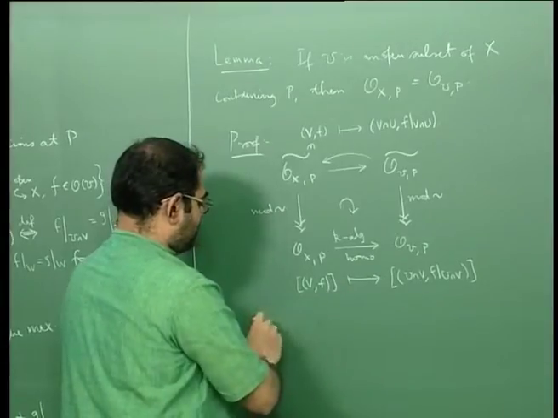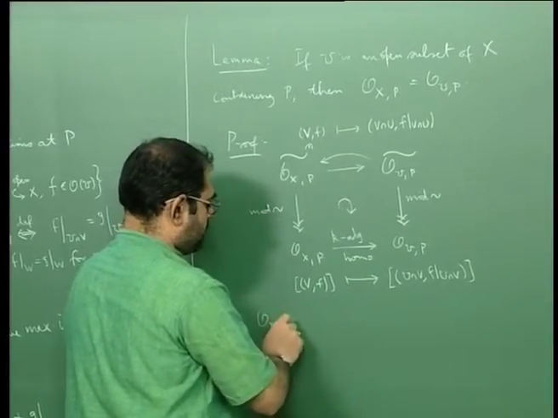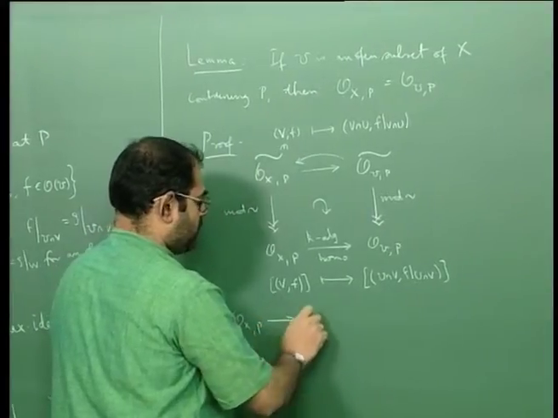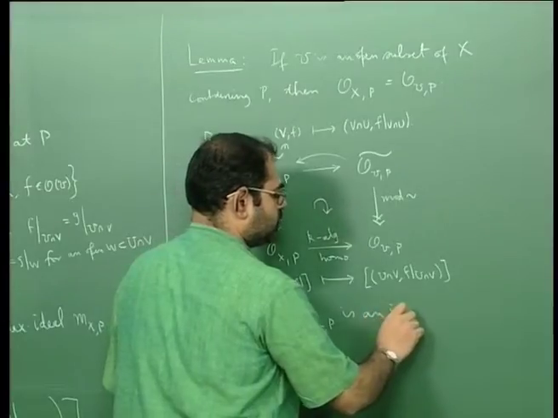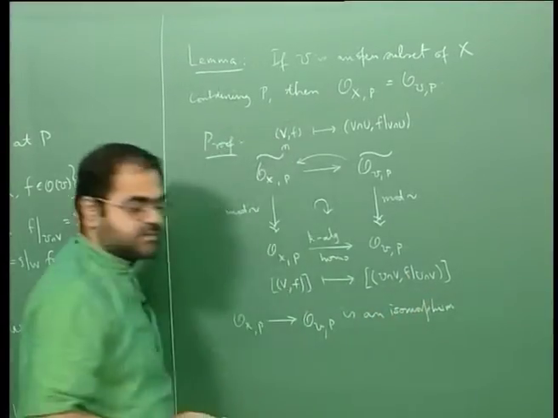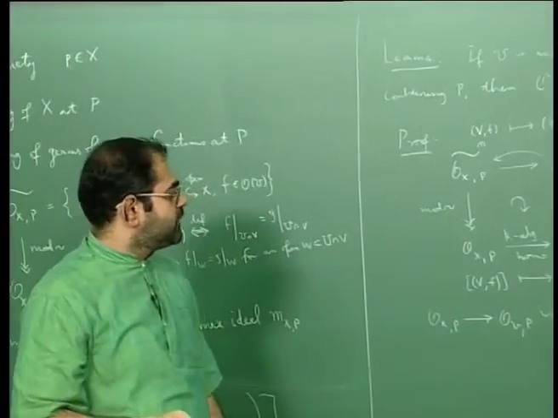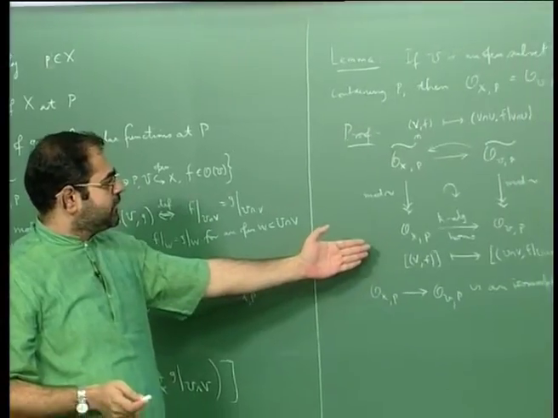So the fact is that O_{X,P} to O_{U,P} is an isomorphism.